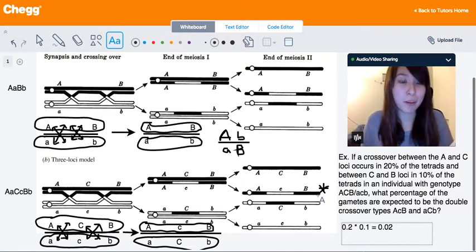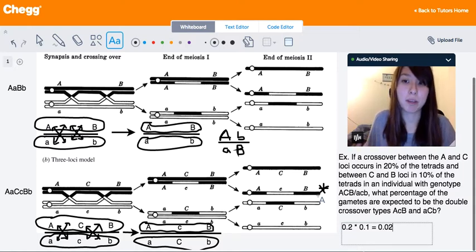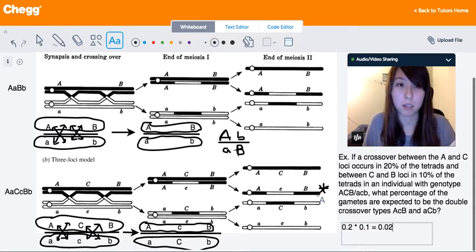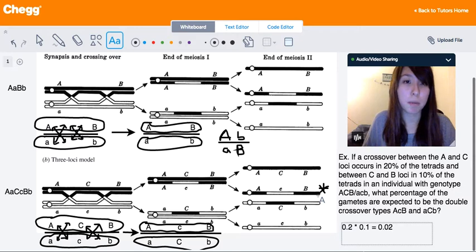One last thing to wrap up is that these double crossover events are very significant when you have 3 loci models, 4 loci models, etc. But in a 2 loci model, it didn't really do anything.